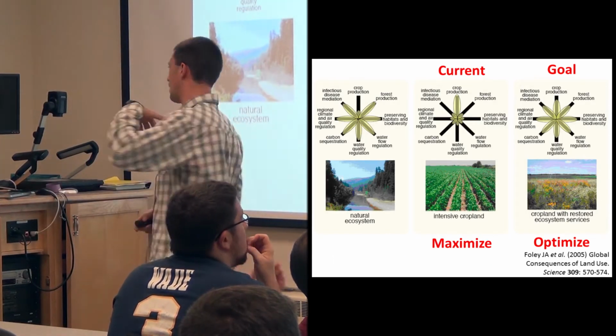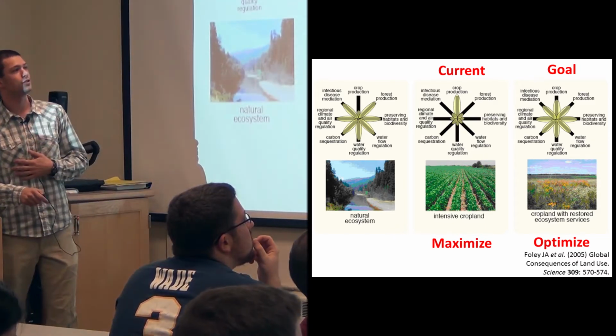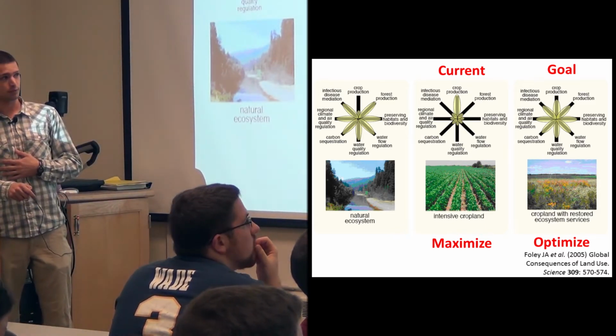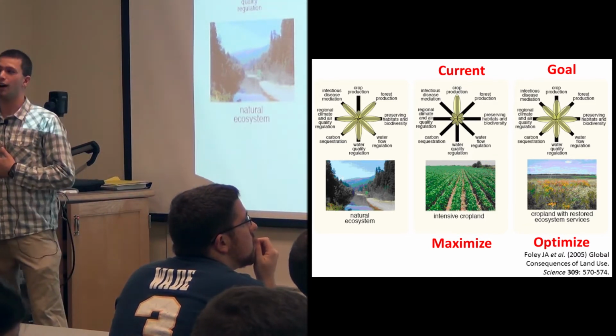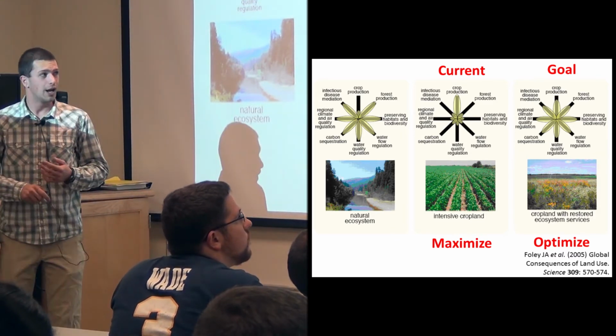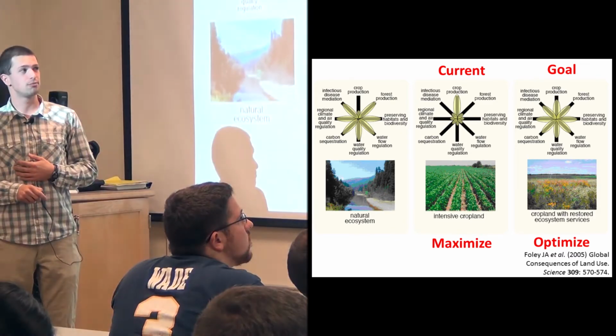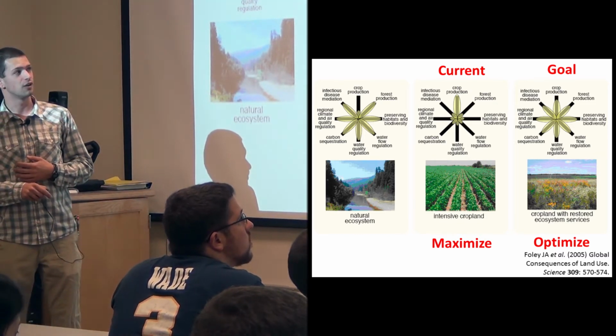And so if we go back and look at what the goal is, it would be to optimize the system. Again, now we have all these yellow bubbles going out on all the different qualities that we may want in an acre of land. An important thing to note is that no single bubble is as far out as it was over here or up here.